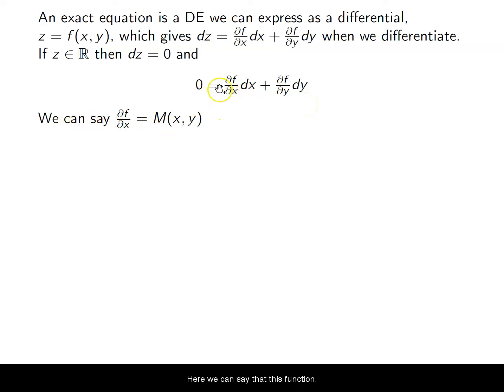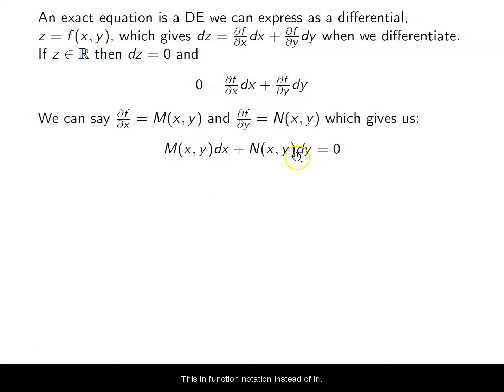Here we can say that this function, which is a function of x and y, I would call M. So I will call this a function M in terms of x and y. Same thing for the first partial of f with respect to y. I would call that N of x, y. I'll give these different names, and then substituting those in, I can write this in function notation instead of partial derivative notation, which may make a little bit more sense.